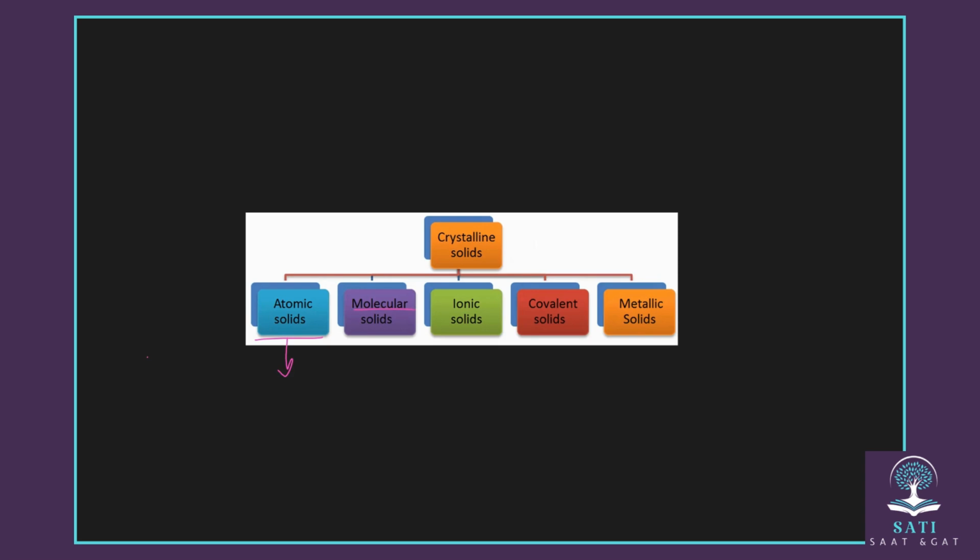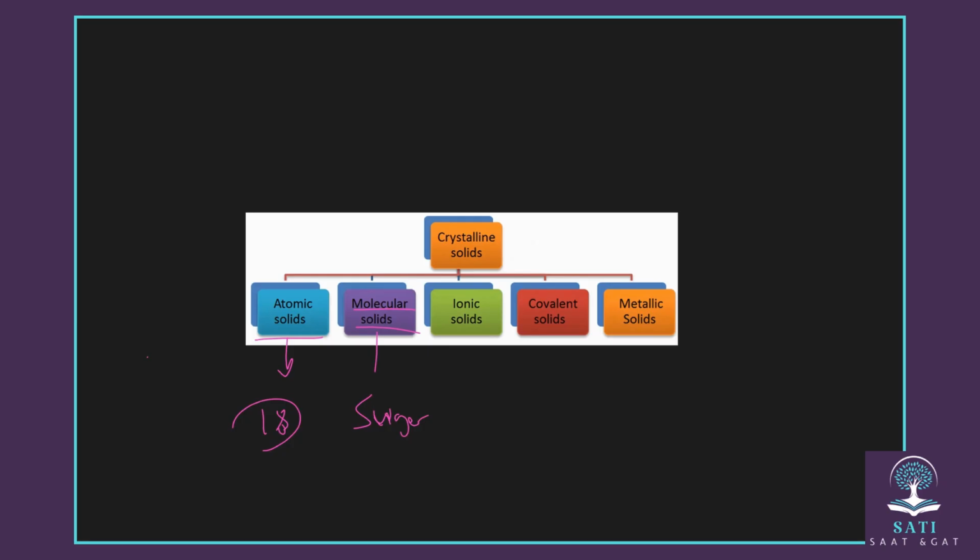Then molecular solids, like sugar. If you take part of sugar and see what is inside it, you're going to see a crystal, and this type of crystalline solid we call molecular solids, like sugar. And here we said group 18.